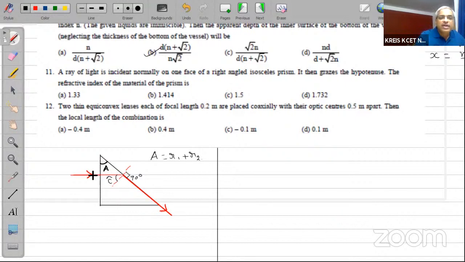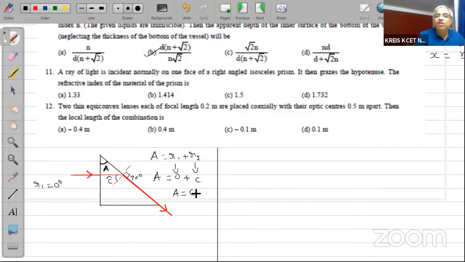R1 is the angle of the incident beam. That R1 is nothing but 0 degree. What is R2? Very interesting. R2 will turn out to be the critical angle. So therefore A will be equal to 0 plus C, or A will be equal to C.